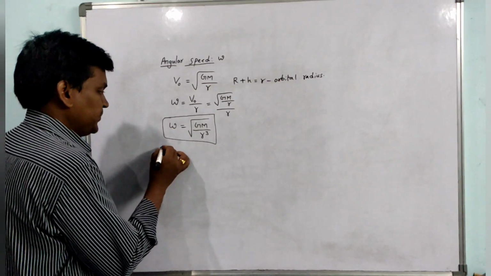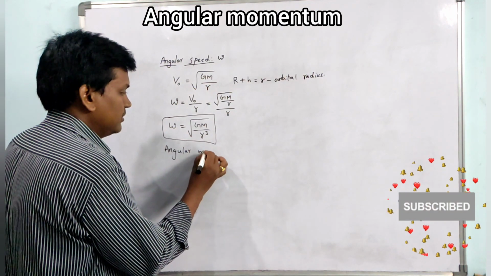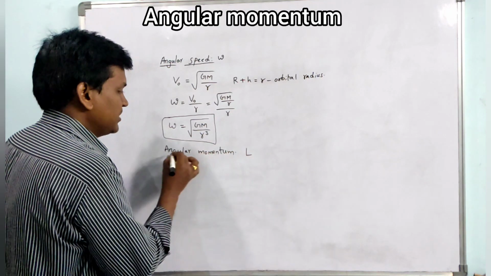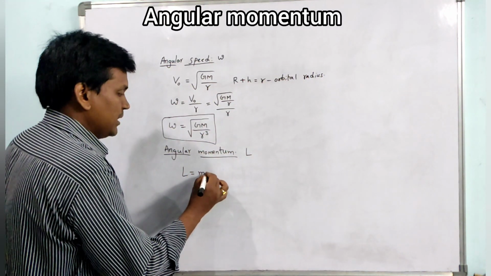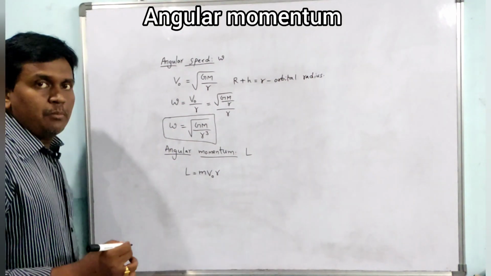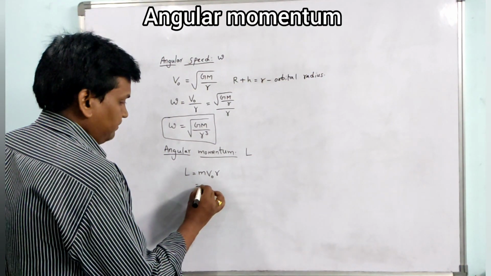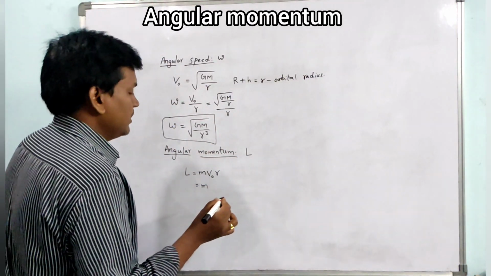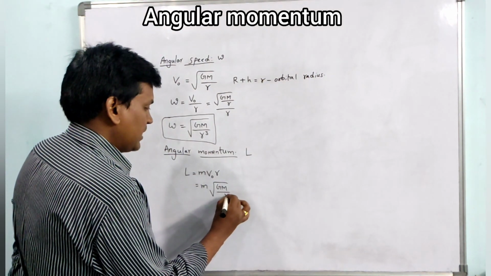Now let us see the angular momentum. Angular momentum is indicated with L. So angular momentum L equal to m v0 r, mass into orbital velocity into radius r. We already have orbital velocity v0 equal to root over GM by r.